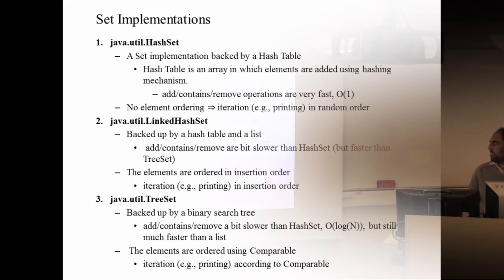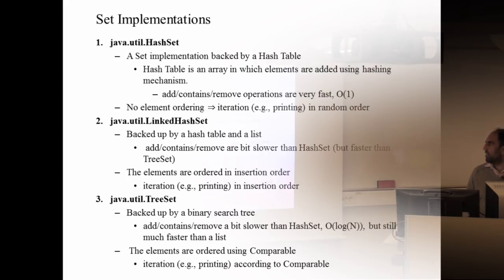Due to this mechanism, its add, remove, and contains operations are quite fast, because based on the contents of your value you find the hash code, and you go directly to the element that you want to add or remove. But, keeping the basic feature of the set, there is no ordering. So whenever you try to print, you will get the elements in a random order.